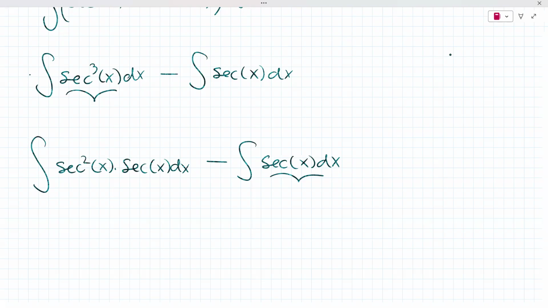Oh, ln. So the integral of this is the ln of the absolute value of secant of x plus tan of x. How can I not forget that? Okay, that's easy, but this one, this is not.